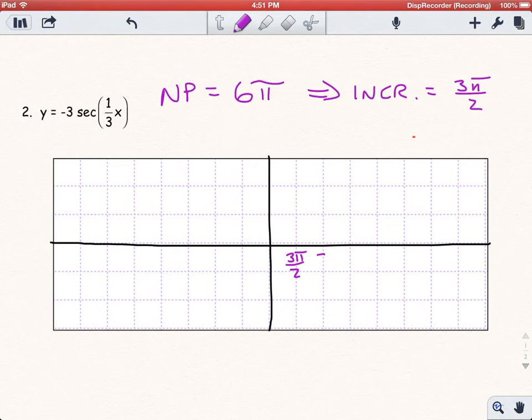Three pi over 2, 3 pi, 9 pi over 2, and 6 pi. And we could either label these as 1, 2, and 3. That'll take the graph slightly off the graph paper, or you could label them as 3 and 6. Make things a little bit more compact.